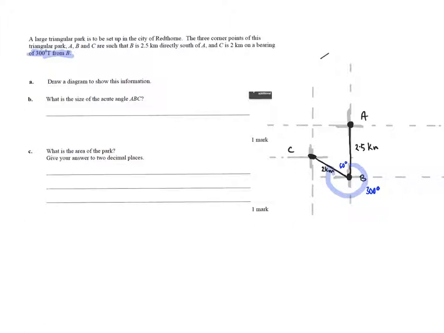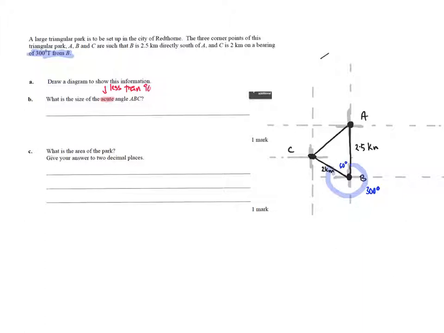Now it says draw a diagram to show the scenario. So really, it said a triangular park, so I'll probably just join those two up, okay? And that's fine. Now, when it says, what is the size of angle, the acute angle, what does acute mean? Small. Yeah, less than 90. Yeah?